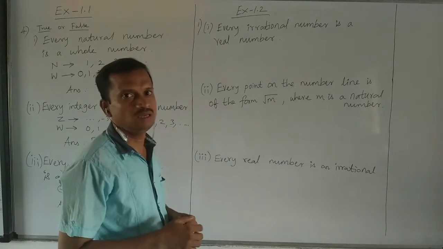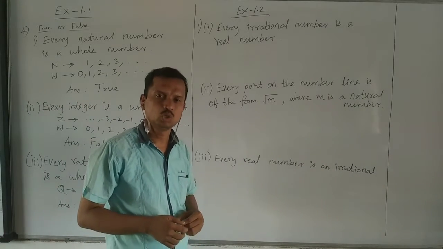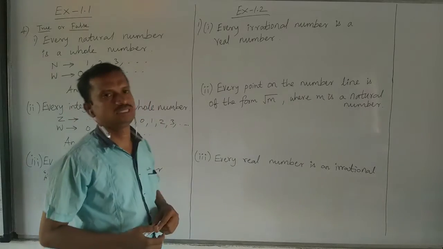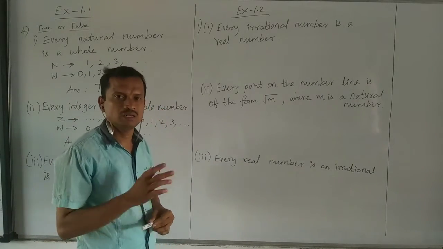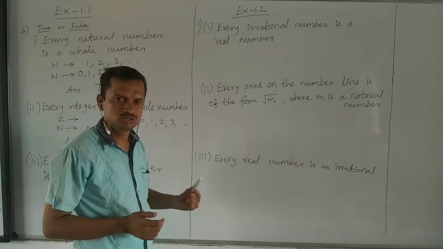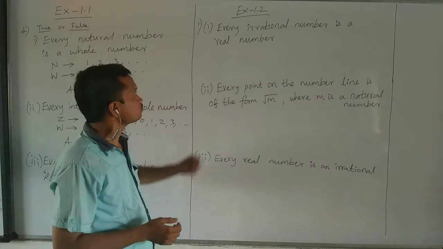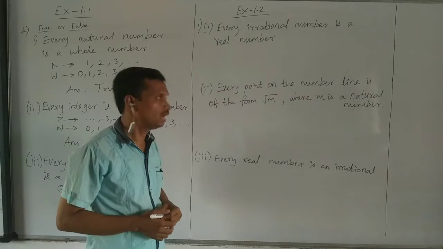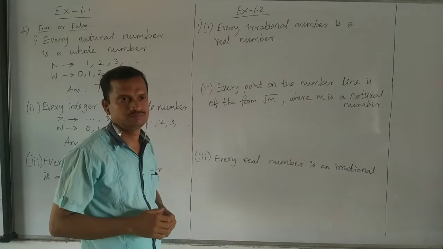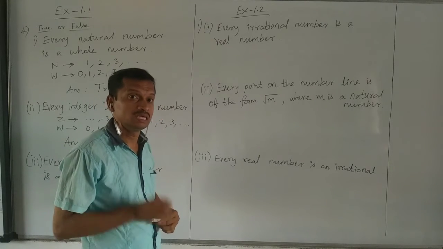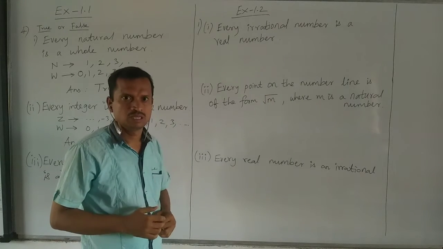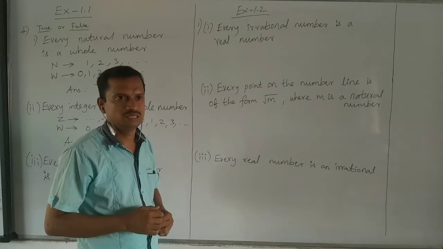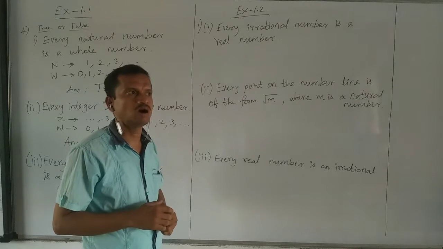And now coming to the exercise 1.2. First question, 3 options given in a statement. Here also we have to say each statement is true or false. Every irrational number is a real number. Every irrational number, while teaching the topic, I explained clearly.